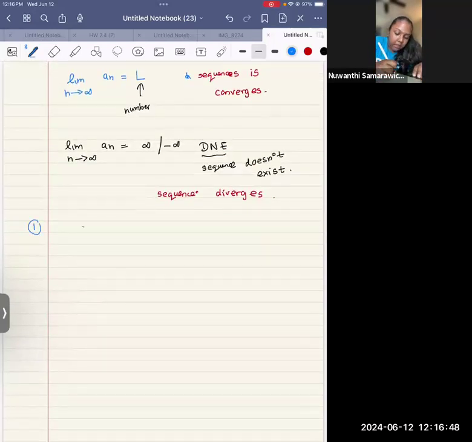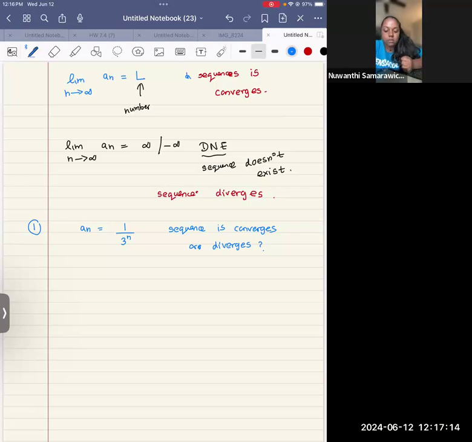First example, a sub n equals 1 over 3 to the power n. You have to check whether this sequence converges or diverges. First, write the first 4 terms of the sequence. Can you all find the first four terms?